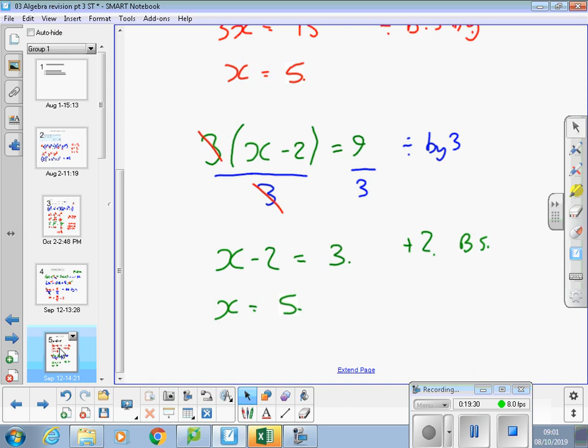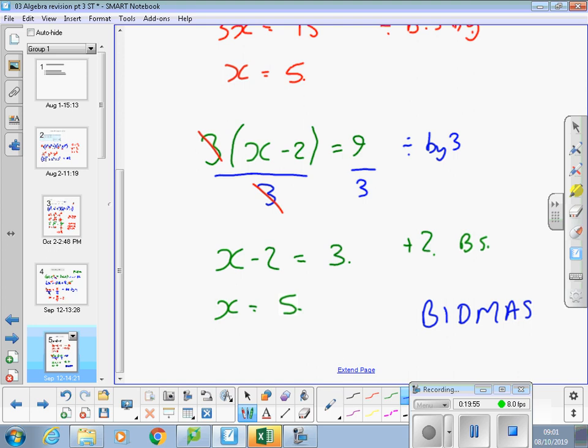Usually, when you're trying to rearrange, that's the laws of precedence that we have, where you deal with things in brackets first, then indices, then divide and multiply, then add and subtract. When you're rearranging, you have to work with that almost in reverse order. So do the things outside the brackets first.